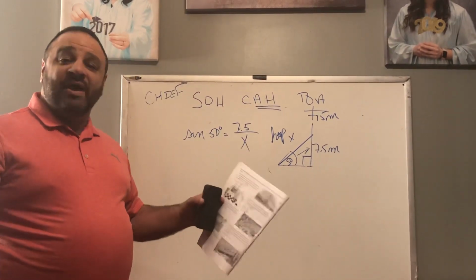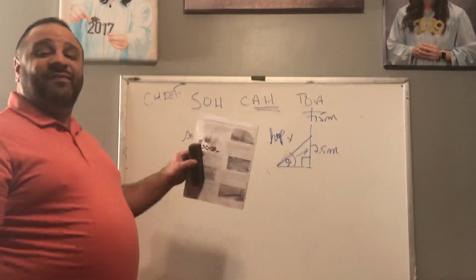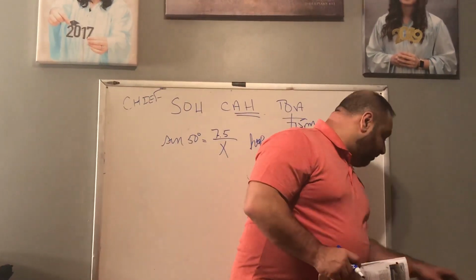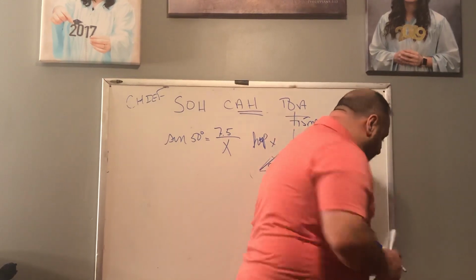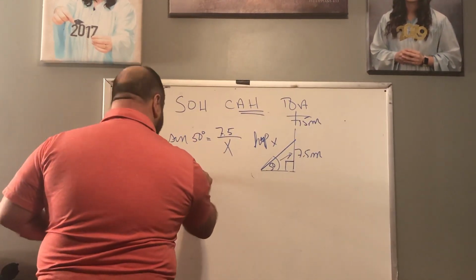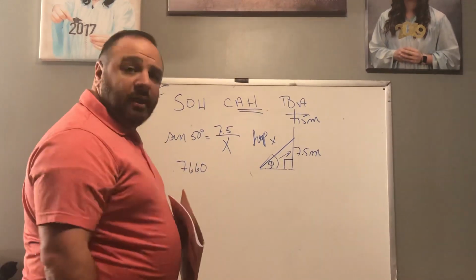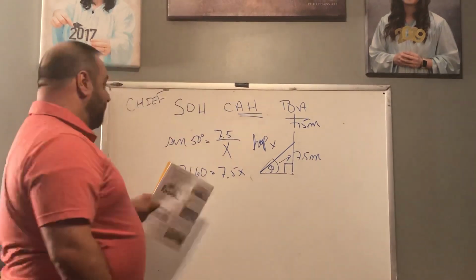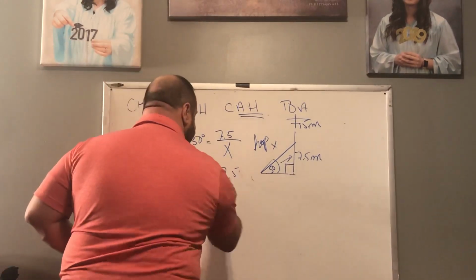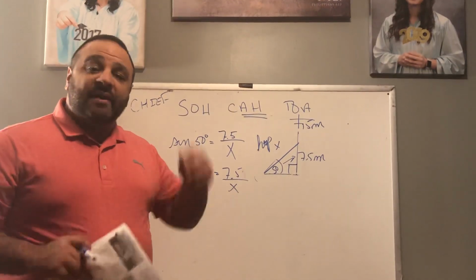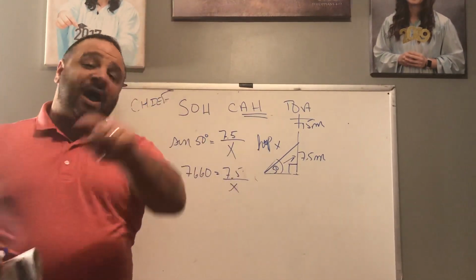Now it's easy to solve. Let's get your charts out. Let's look at 50 degrees, and I want you to give me the sine of 50 degrees. Good, 0.7660 equals 7.5 over X. Now Gianna, then Chris Rob, you follow up.